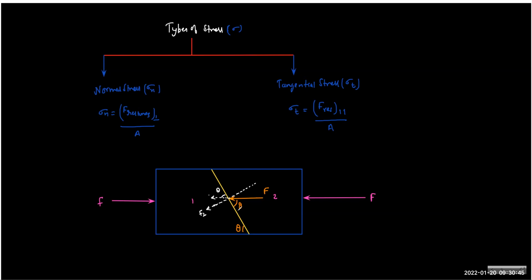F perpendicular, and it will have a component like this. Can you tell me what is the F perpendicular? F sin theta. Correct. Now what is F parallel? F cos theta. Now this F, is it the applied force or the internal force?